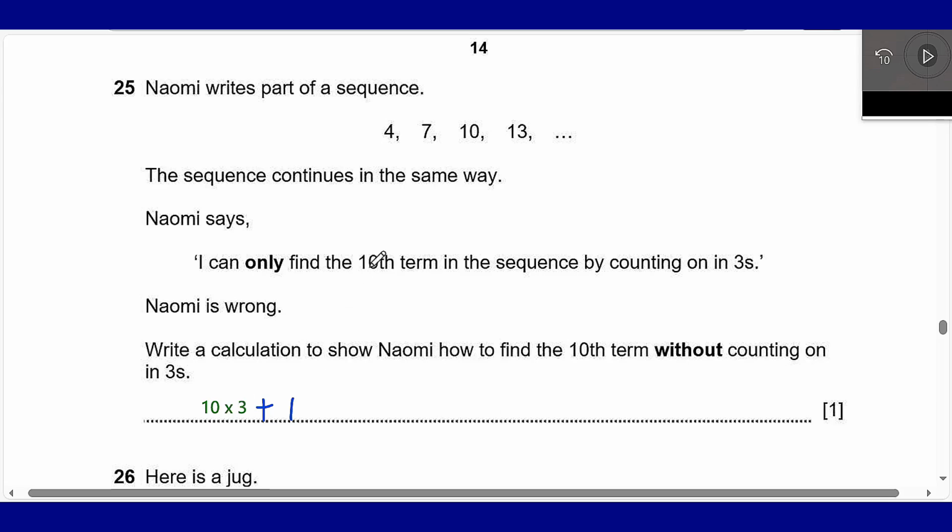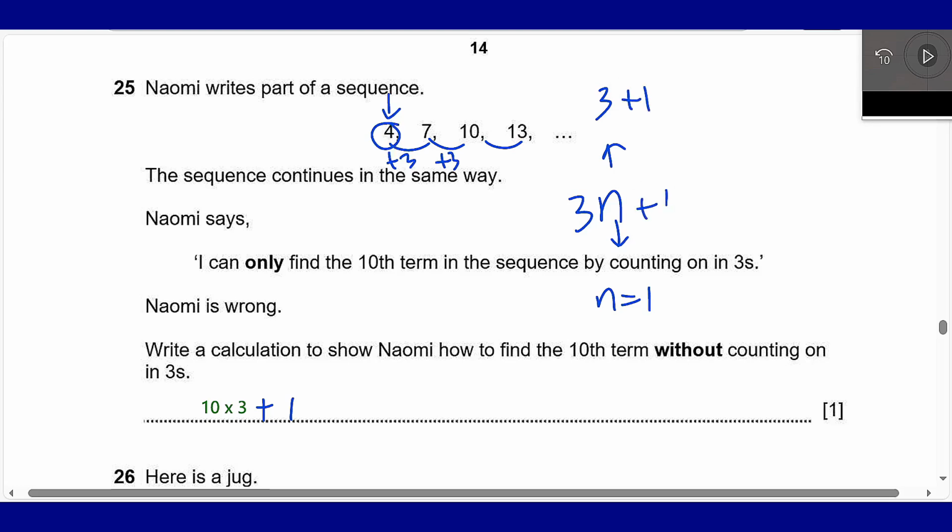So why do we do this? Because we see that this sequence has a difference of 3. So to get the nth term we just have to do 3n, and if n is equal to 1 we'll get 3, and then to go to 4, the first term, we have to add 1.